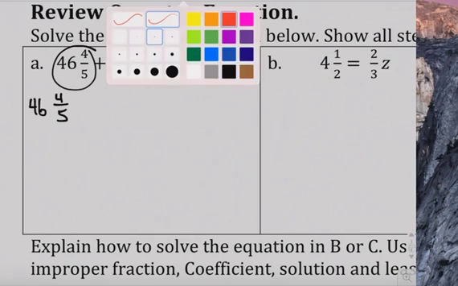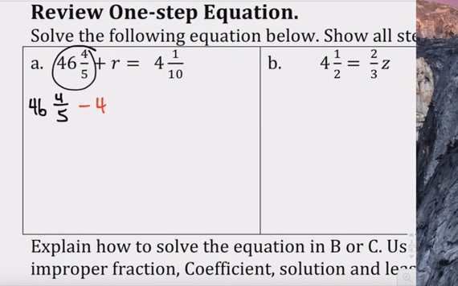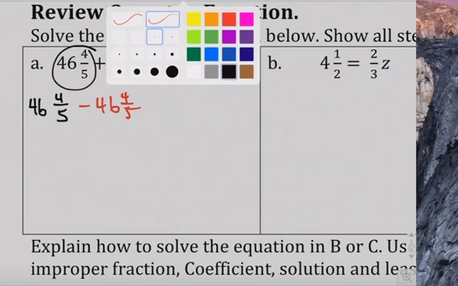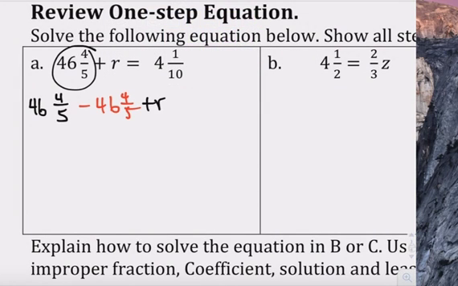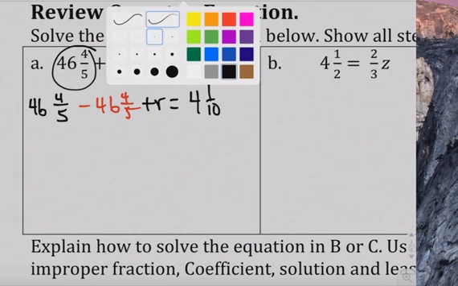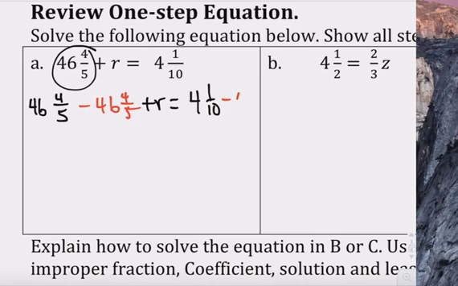We need a minus 46 and 4 over 5 plus that r equals 4 and 1/10 minus 46 and 4 over 5. There's 0 there. You got r equals, common denominator is 10.